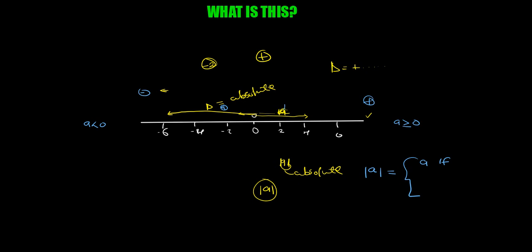So the absolute value of A should give us A if A is greater than or equal to 0. Again, the absolute value of A should give us negative A if we have A less than 0. And this is true. We'll be getting numbers that are less than 0 if we are on this side, and if we are on this side, we will get numbers that are greater than or equal to 0.